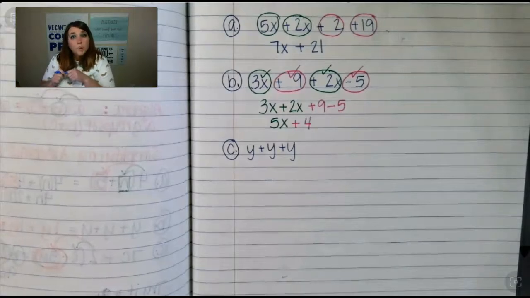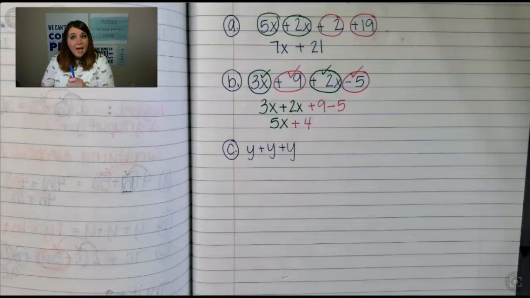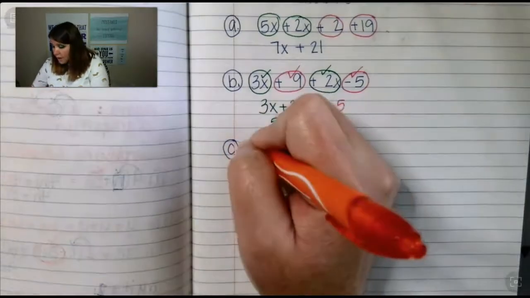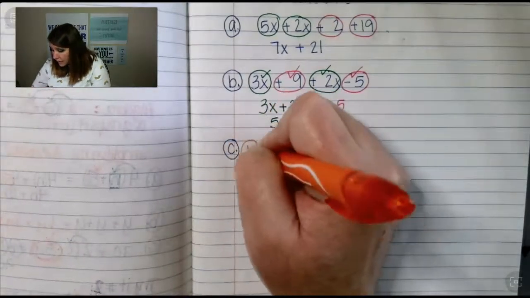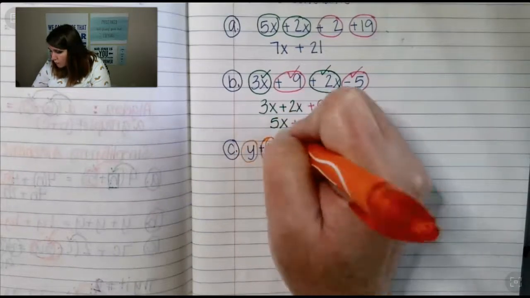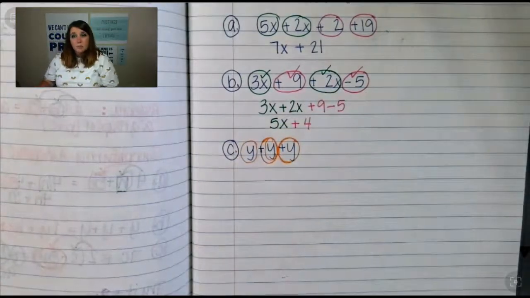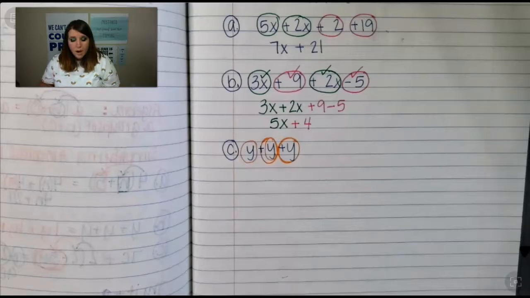Well, here, all I have are y's. So I am just going to combine. Oh, I messed up. Do not forget your positive sign. I am just going to combine all of my y's.